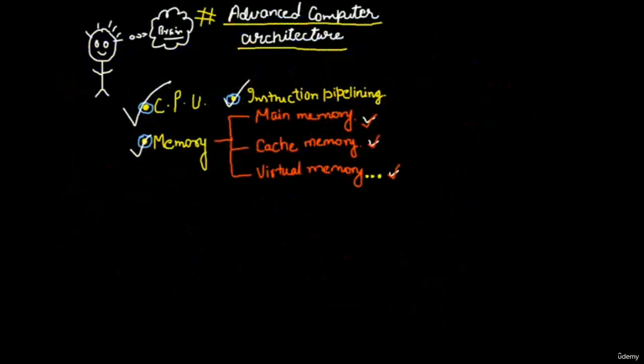With this I can say it's the ending portion of advanced computer architecture, in which we have learned about the CPU, instruction pipelining, and the various kinds of memories and their basics and working. And with this, I can say goodbye for this section.